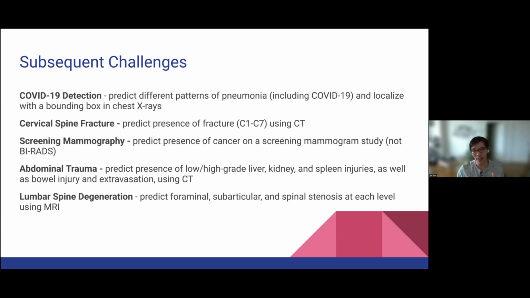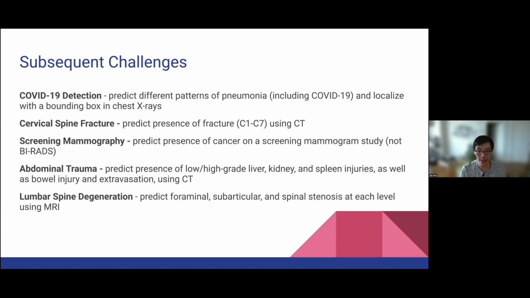So, COVID-19 pneumonia had a particular appearance on chest X-ray versus maybe a lobar bacterial pneumonia, typically bilateral in the lung bases, and then also localizing the opacity with a box in chest X-ray. So similar to that initial pneumonia detection challenge. Then cervical spine fracture: we're trying to predict presence of fracture in the cervical spine on CT.